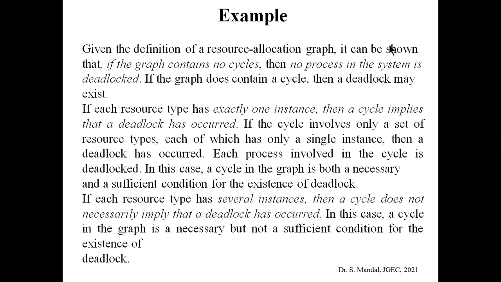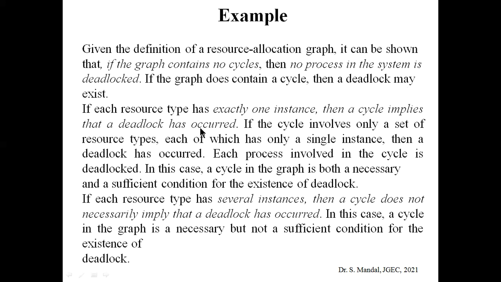On the other hand, if a graph does contain a cycle, then deadlock may exist. It should be remembered that in a resource allocation graph, if the graph contains a cycle, that means there may be deadlock or not; deadlock may exist.